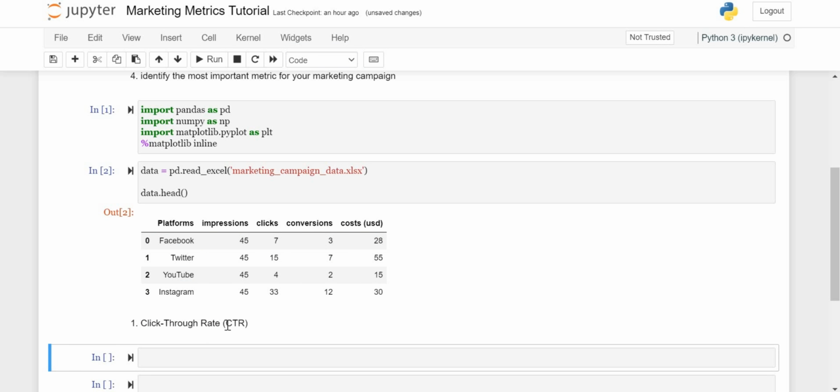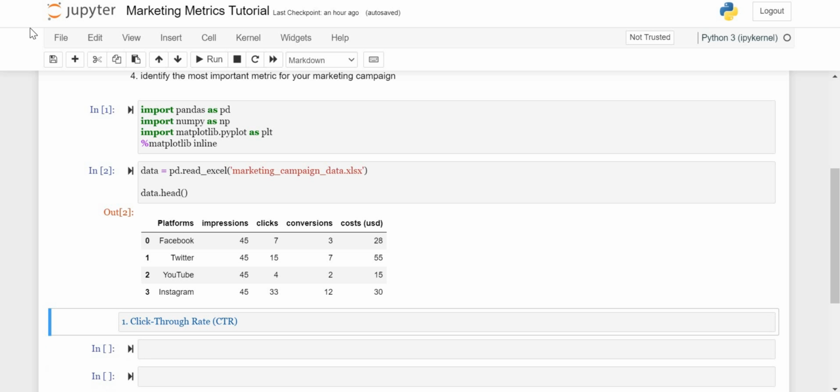And basically, CTR is calculated as thus. CTR is equal to clicks divided by impressions, then multiplied by 100. So in other words, this is expressed in percentage.